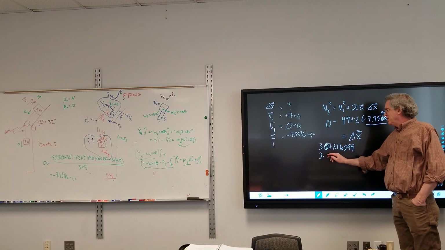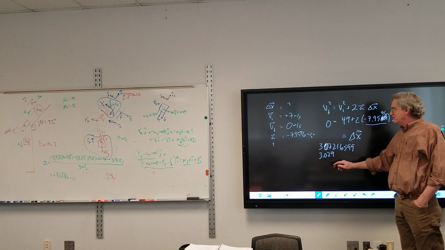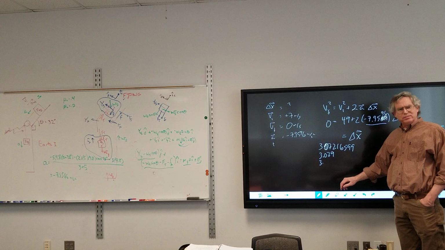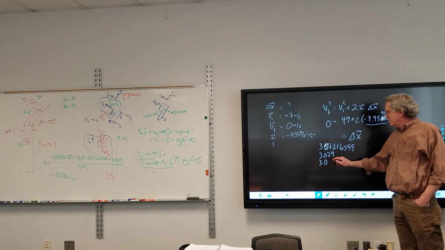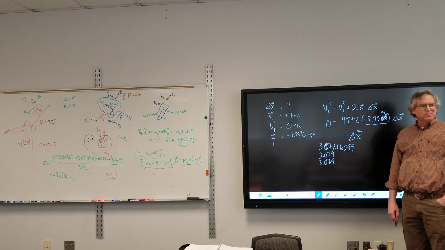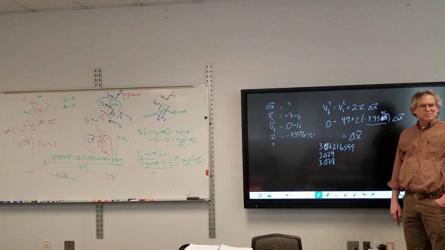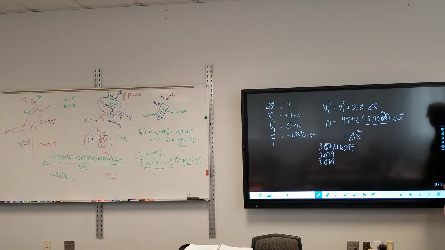What? No, 3.078. You had 3 point what? I got 3.078. Wait, 9596. It's 9596, oh, I switched 2 numbers there. Okay, I didn't switch numbers.